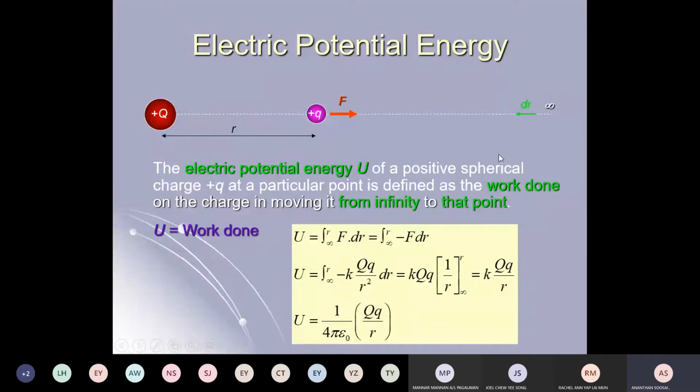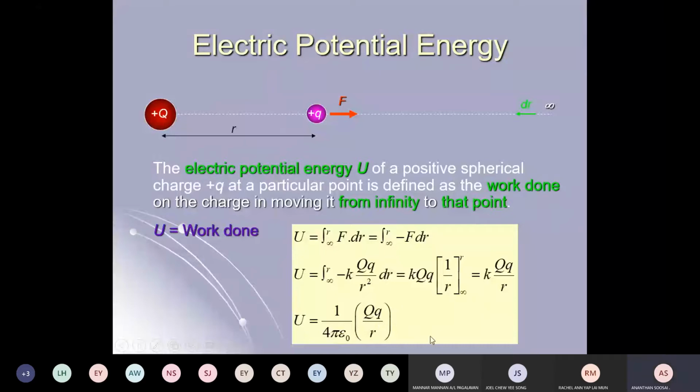Integration is the area under the force versus distance graph. So through integration, with negative F, negative KQq over R, finally you will get this formula.